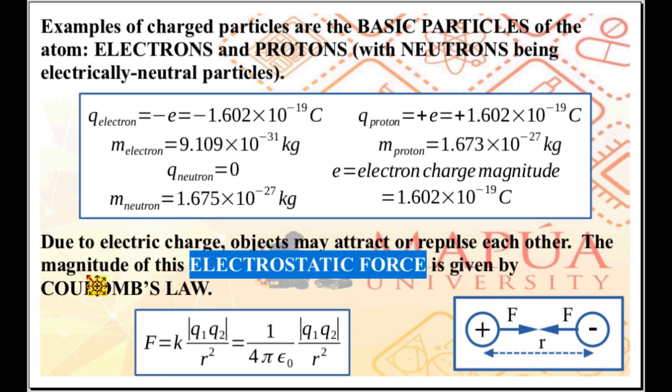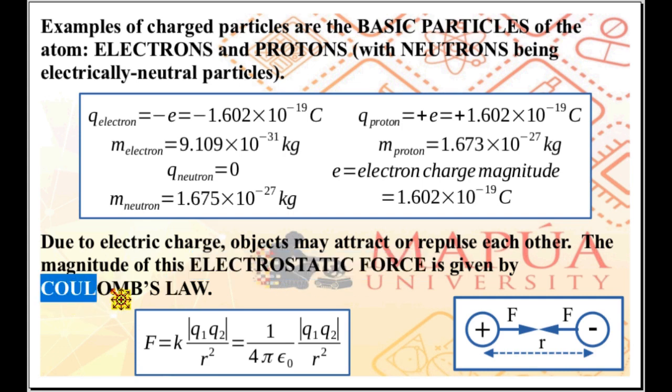The magnitude of this electrostatic force is given by Coulomb's law. You have two charged particles, particle 1, particle 2. Because of their charges, they will interact with each other. The interaction force, the electrostatic force. The magnitude of this force is provided by Coulomb's law.